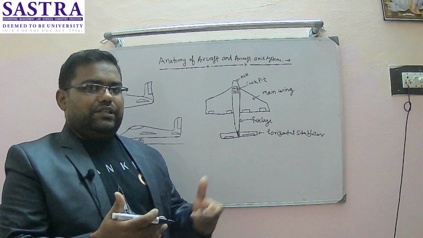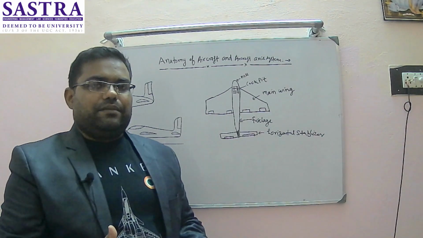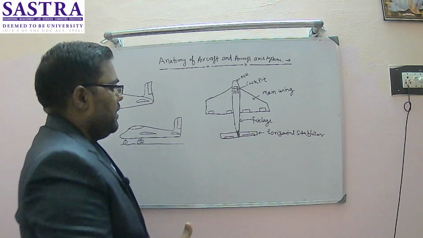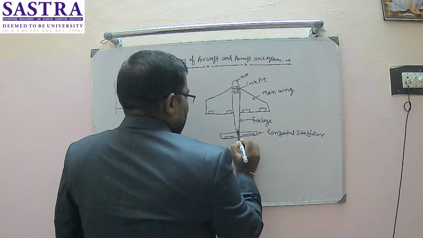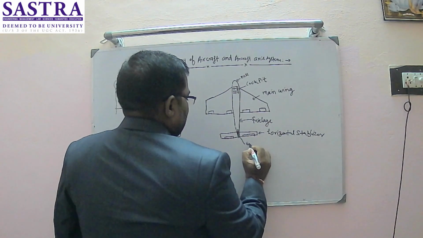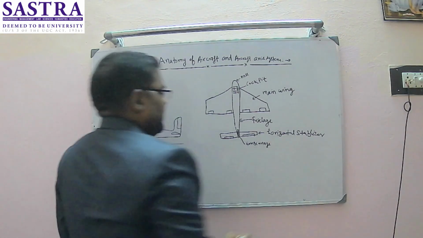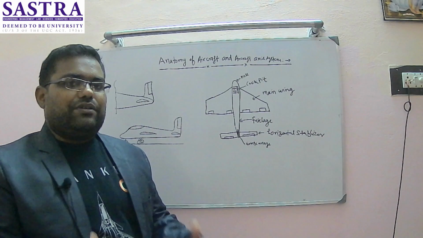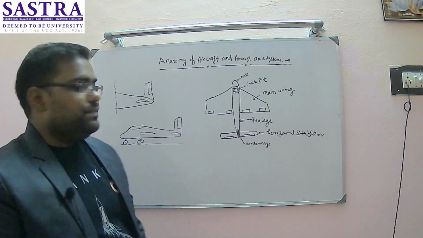From there, the pilot controls all the subcomponents of the aircraft to make it fly. Here you will find one vertical tail. Usually the vertical tail and horizontal stabilizer combination is known as the empennage.